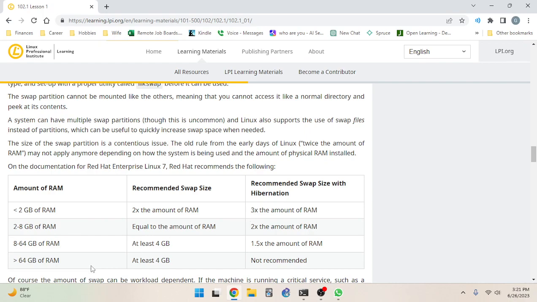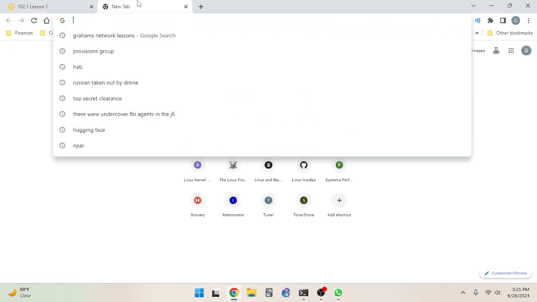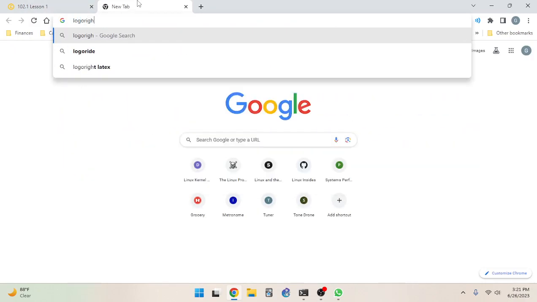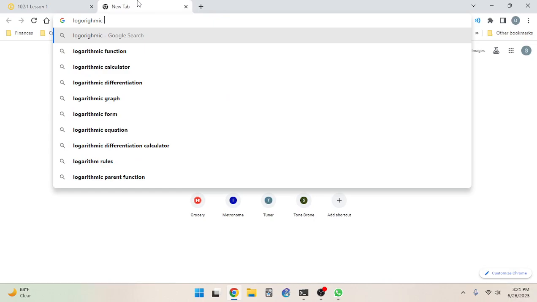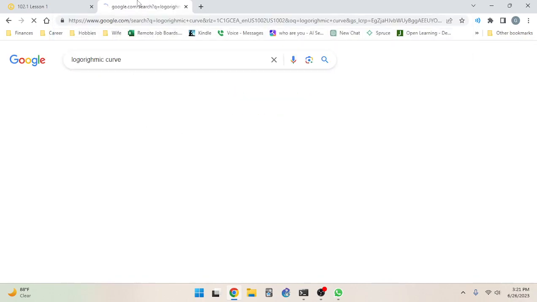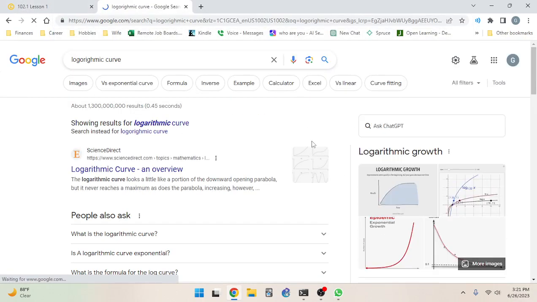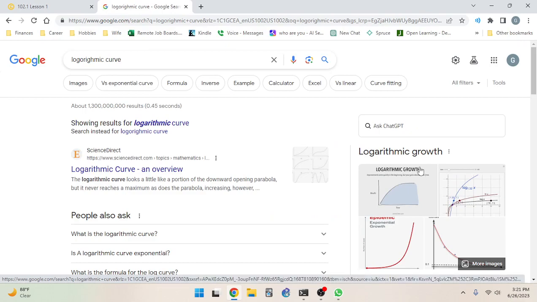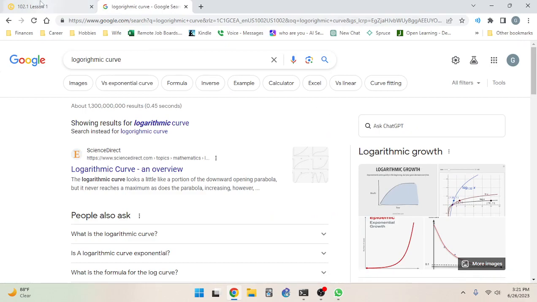But it is like, is that a logarithmic curve? Let me think here. It's kind of like an S curve. Yeah, it's logarithmic growth.